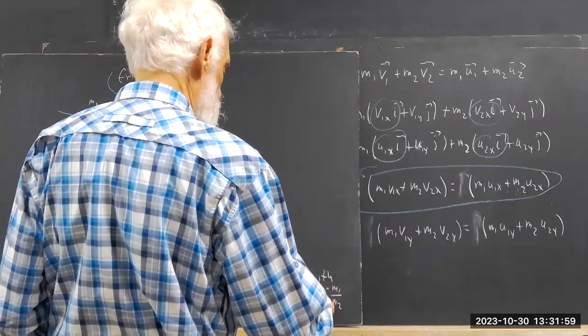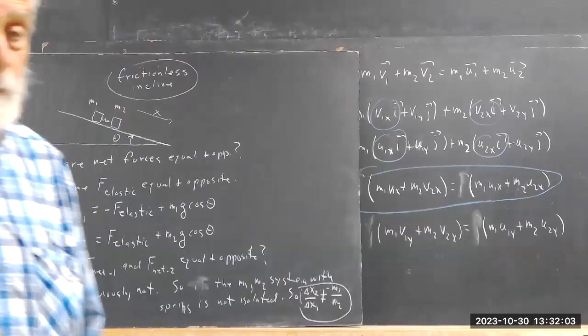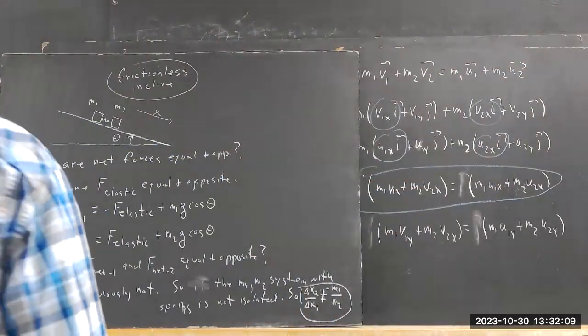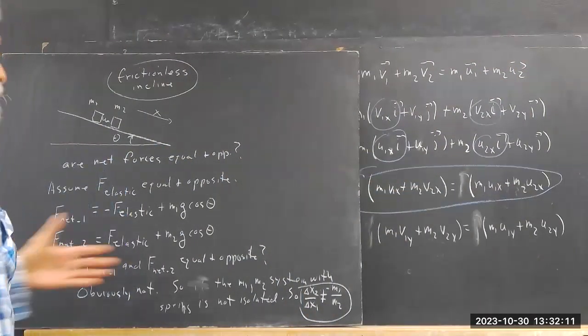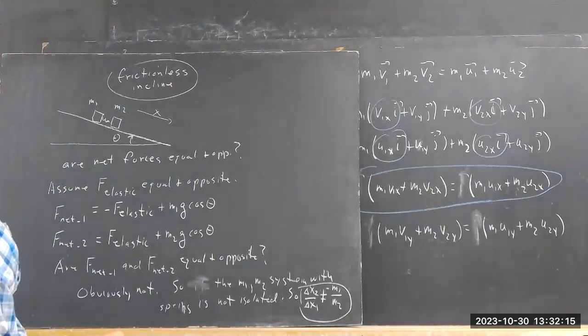Delta X2 over delta X1 is not going to equal negative M1 over M2. This is one illustration of a non-isolated system.